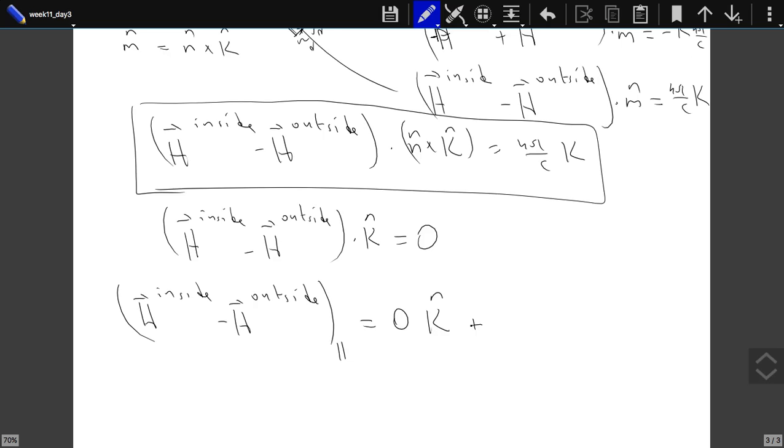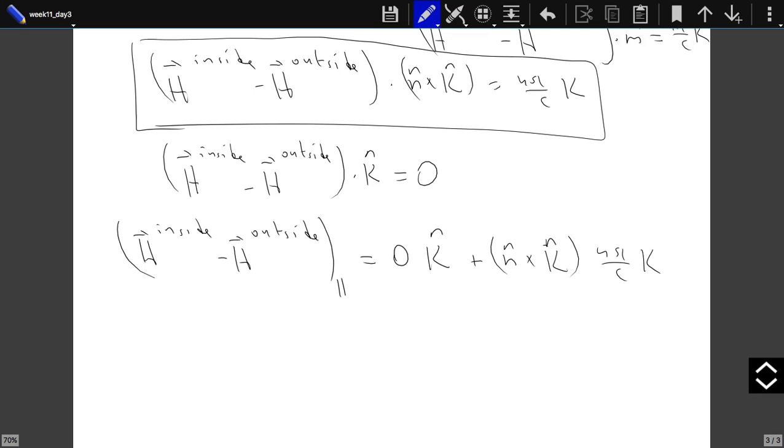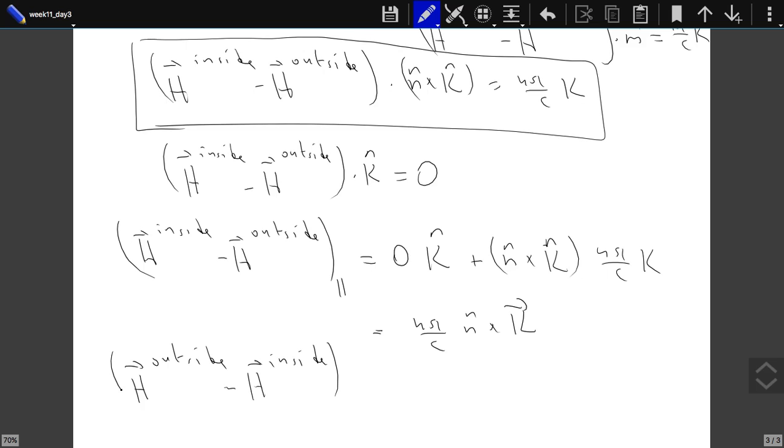Plus the component in the direction of n cross k, which is 4 pi over c. Or this is equal to 4 pi over c n cross k. Or let's write it in this form: the outside component minus the inside H field, parallel to my surface, is equal to 4 pi over c times k crossed n.